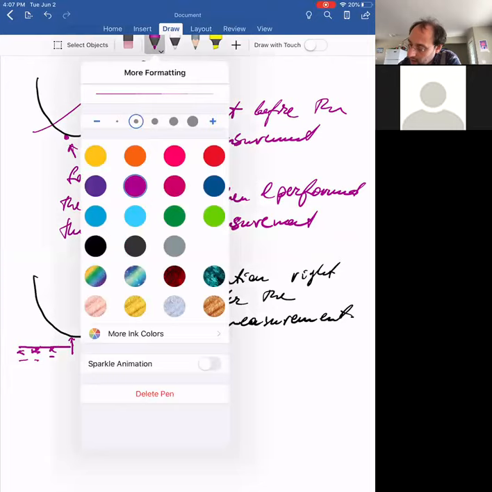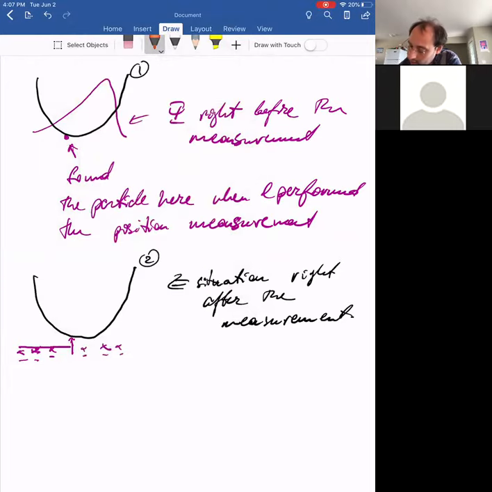Let me use a different color, orange, so we distinguish the wave function right before the measurement and right after the measurement. So the particle is not here, not here, not here.